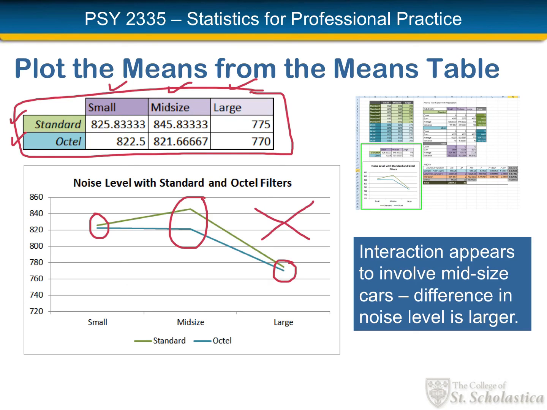Whenever I get a line graph where the lines diverge and make a trumpet kind of shape, or where they cross, it lets me know that I probably have an interaction effect going on. So I've now seen all the aspects of my analysis. I am ready to do the write-up, and that's what we do in the third video.